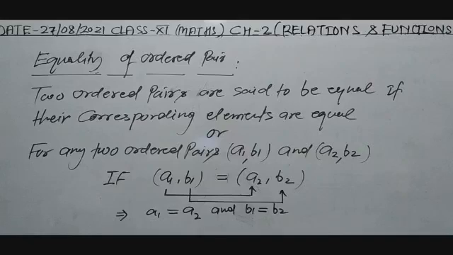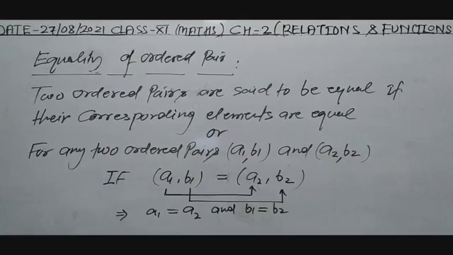Now come to the next definition: Cartesian product of two sets. The heading is Cartesian product of two sets.